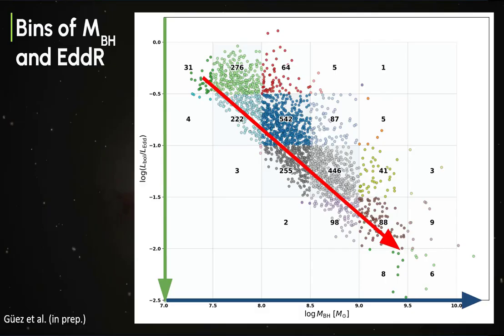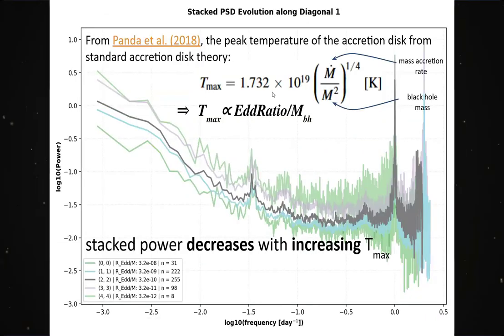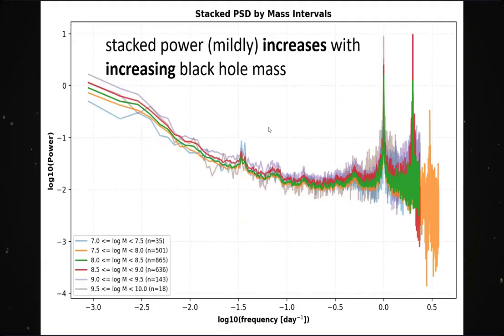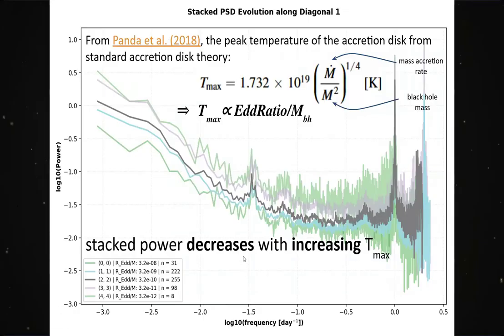I just think they group along this diagonal, mostly because, as accretion disk theory says, the max temperature of this disk has to follow this proportion, right? That's why we state that the stacked power decreases with increasing Tmax.